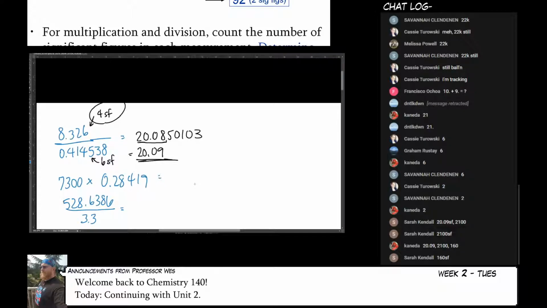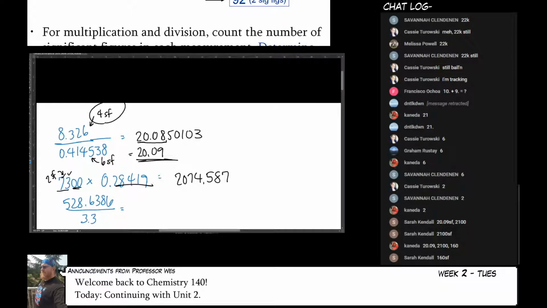All right, number 2, 7,300 times 0.28419. My calculator says 2,074.587. That's too many digits. Let's see if we could fix that. This is 2 sig figs, because remember, these zeros are placeholders.